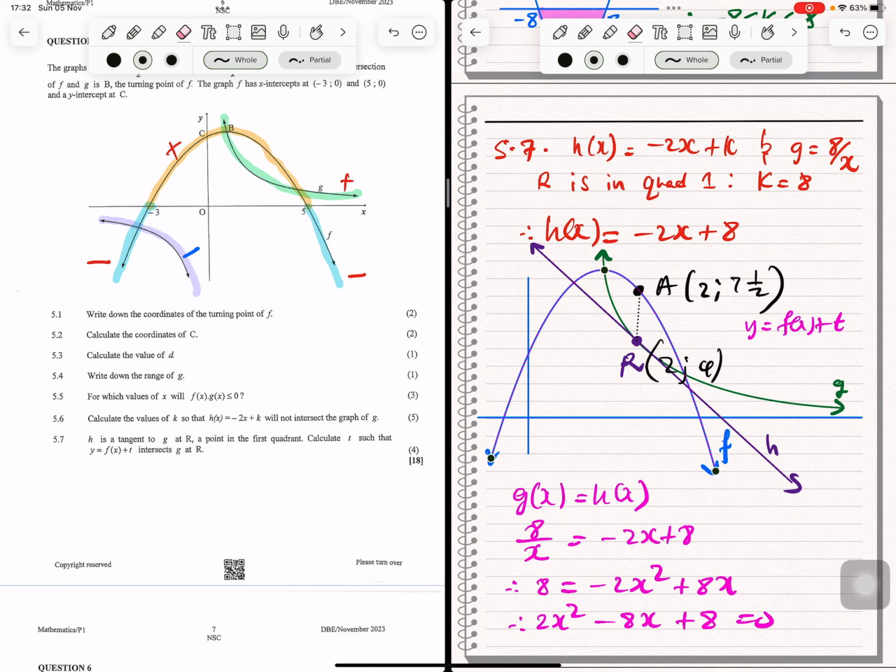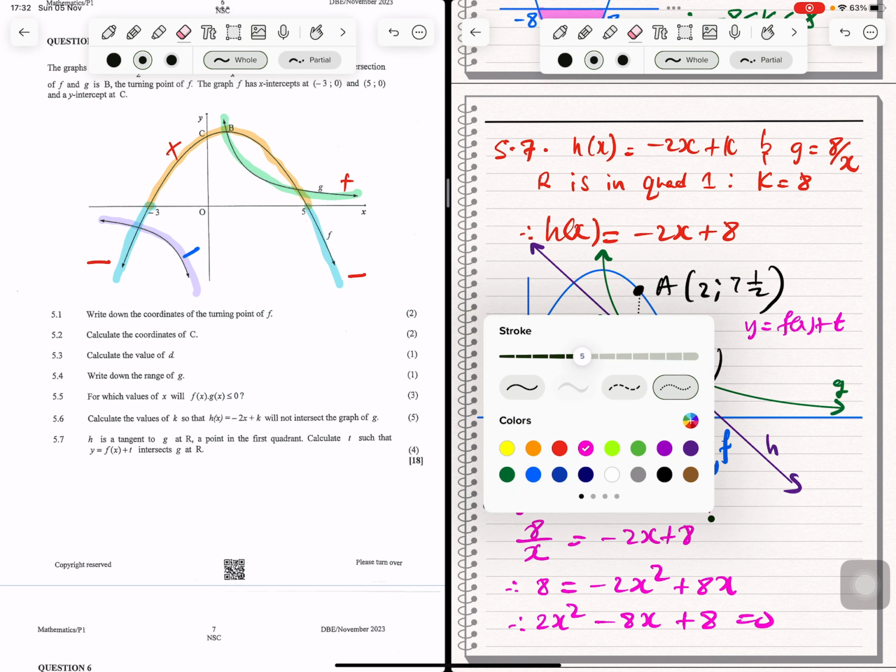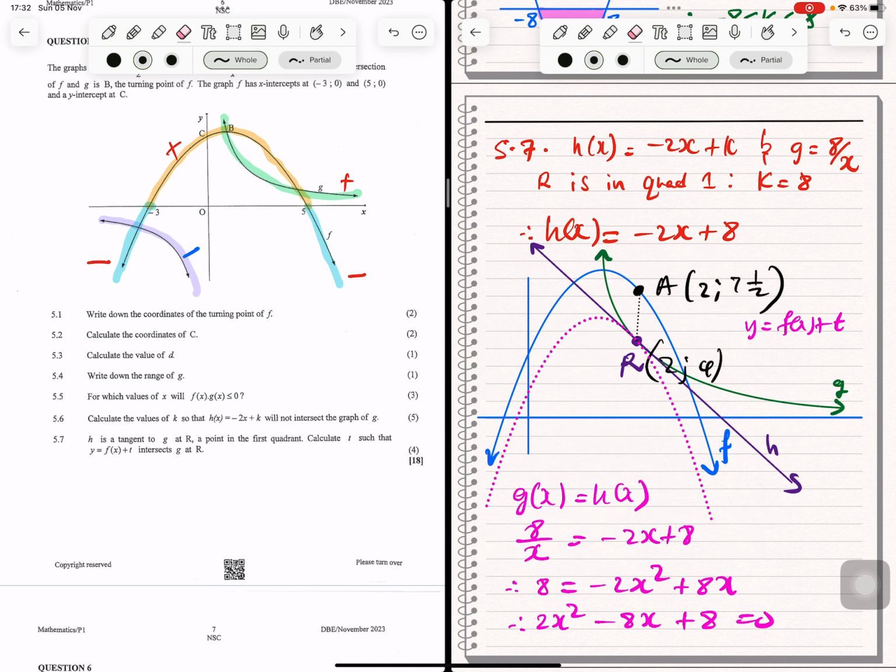So now assume that this is f. Now I'm going to take f down so that it will intersect g at R. So this is how the graph will look. Let me increase this. This is how the graph will intersect at R, at this particular point.